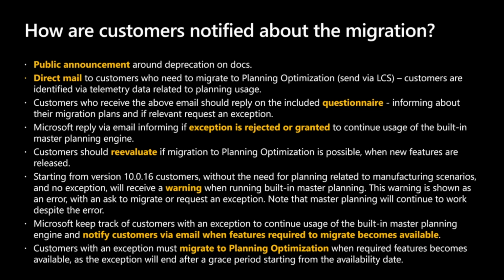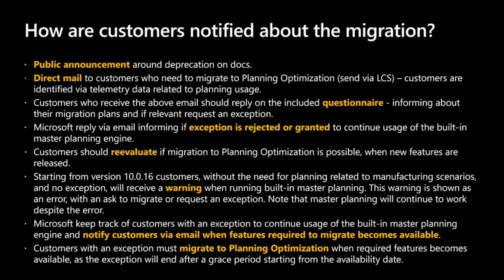I will talk a bit about that on the next slide as well. So it's basically showing up as an error when master planning completed, telling you that it seems like you should be able to use planning optimization, and that we suggest you start to migrate or request an exception, and you would need an exception to avoid this warning.